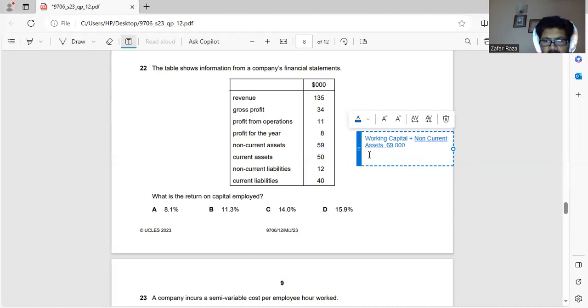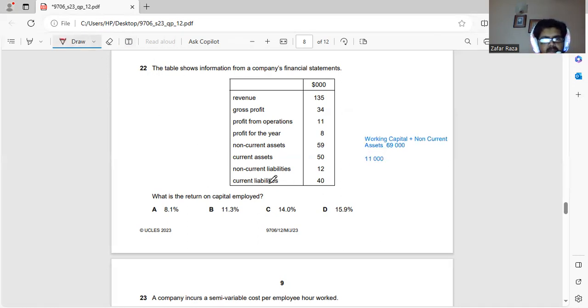Okay. And profit from operations is $11,000. So 11,000 divided by 69,000, the percentage is 15.9. Yes, D option is the answer.